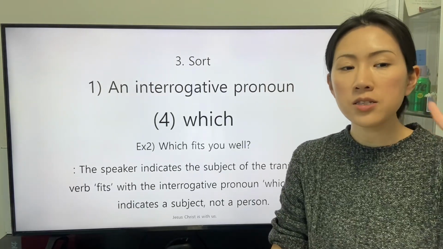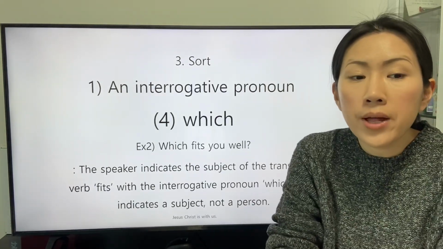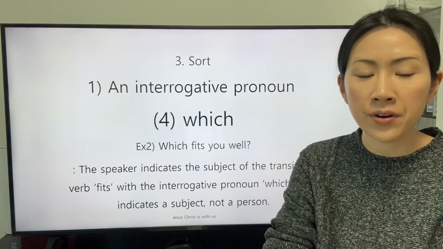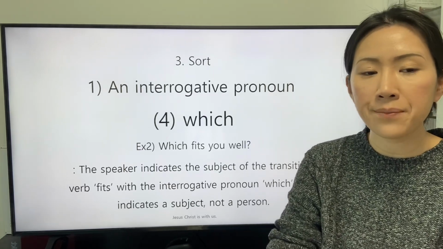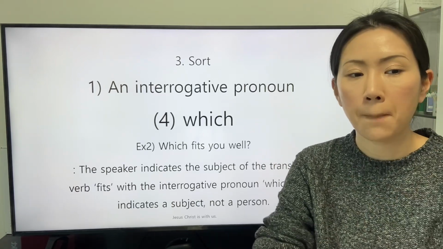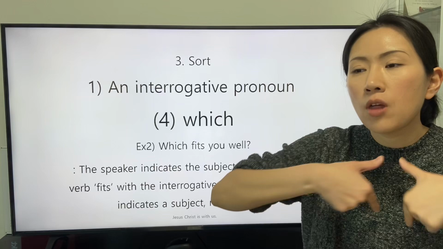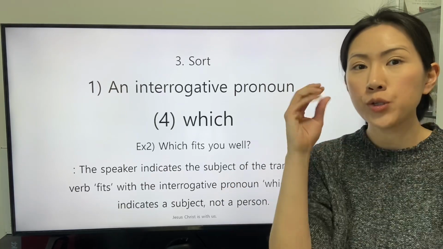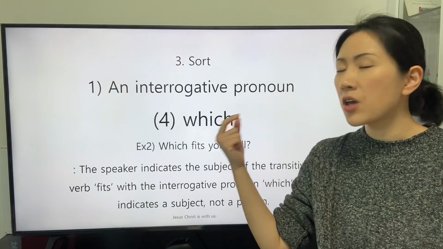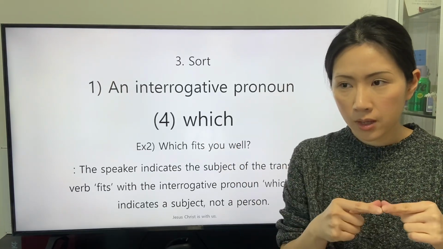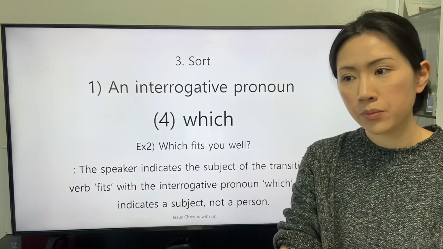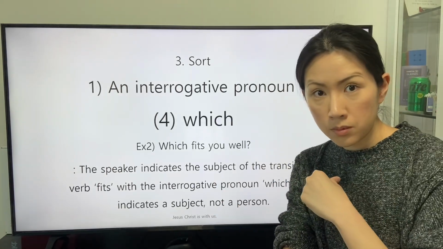The second clause is this: which fits you well. The speaker indicates the subject of the transitive verb fit with the interrogative pronoun which that indicates a subject, not a person. With the premise of the speaker who applies the interrogative pronoun which in this clause, the range of the subject is determined.